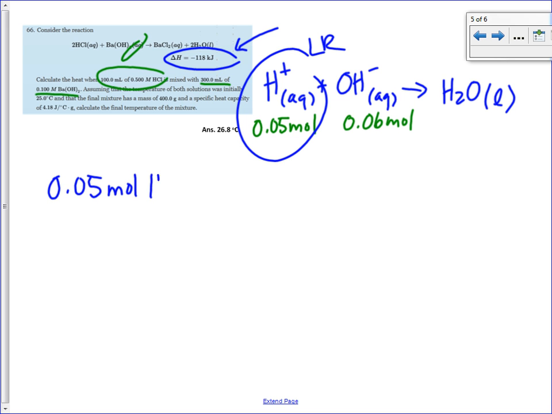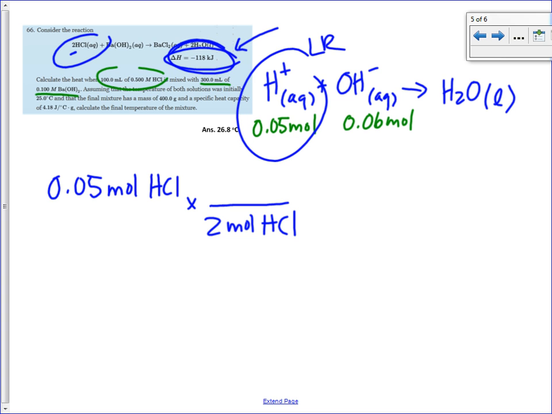So this is the amount of HCl that's getting reacted, but if I look at my chemical equation, I can see here that for every 2 moles of HCl that I react, I'm going to get out 118 kilojoules of energy, exothermic. So that comes out to 2.95 kilojoules released, exothermic, and that's the same thing as negative 2950 joules.